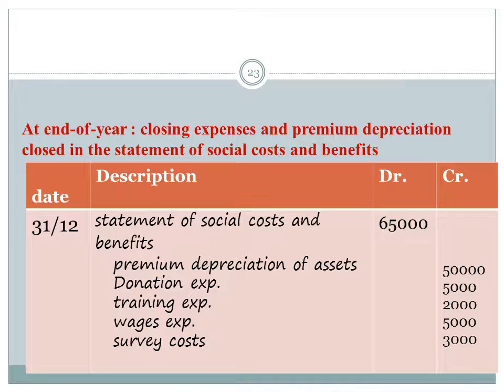Statement of social costs and benefits, premium depreciation, donation expenses, training expenses, wages expenses, survey expenses. All of these expenses firstly appear on the debit side. Secondly, at the end of the year, they appear on the credit side.